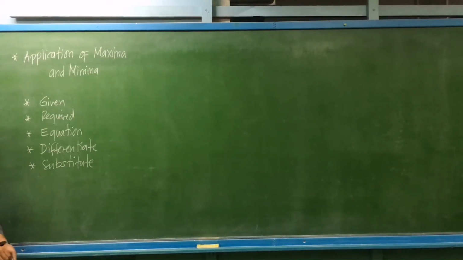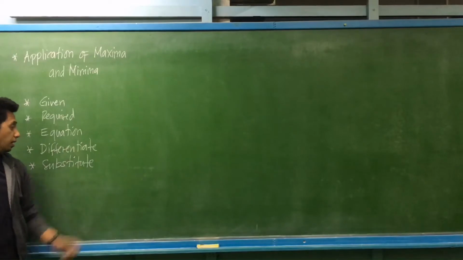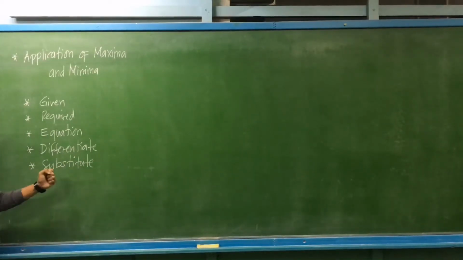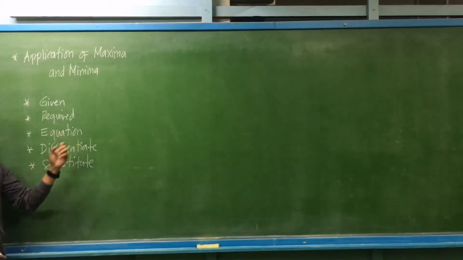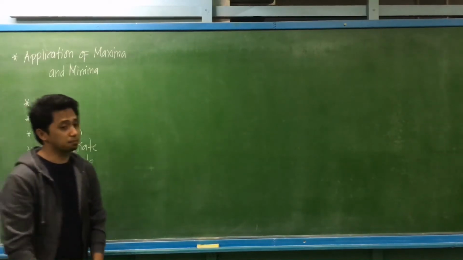Identify what are the given, identify the required, set up your equation, then differentiate. After differentiation, you are to substitute. Those are the basic steps. So let's have an example.